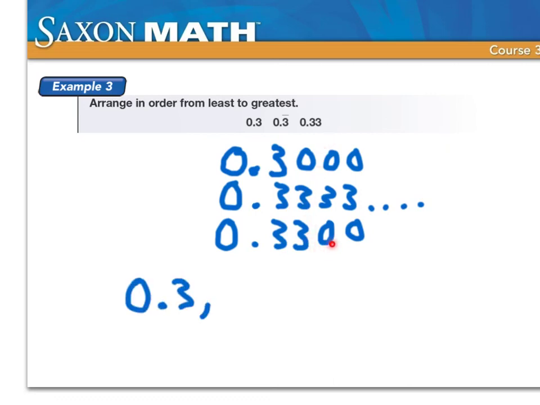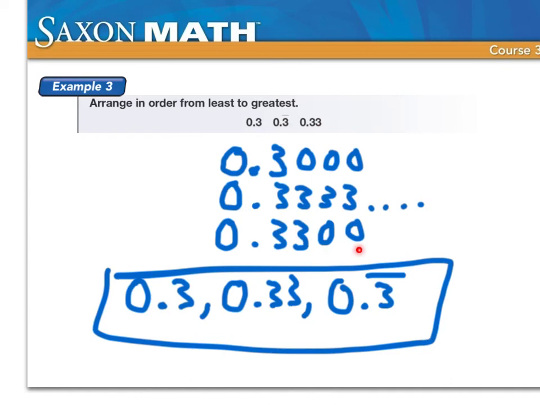Then I go to the next column. Here I've got 0s and 3s again. Okay? Well, that means that my next one is 0.33. And then my biggest number is 0.3 repeating, because that 3 just keeps going on and on and on.